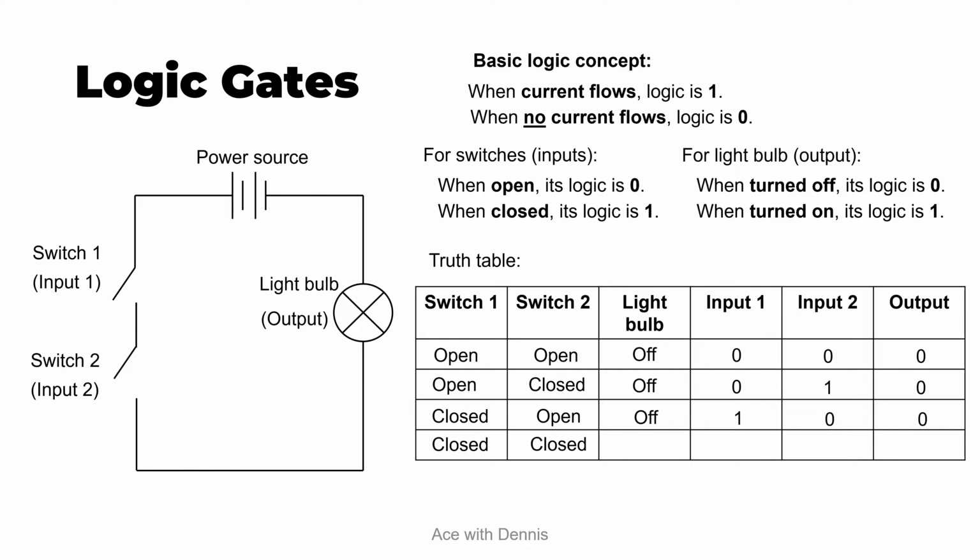For this case, the light bulb will turn on because the current can flow through the circuit. Hence, the output is 1. Looking at this table, this is actually the truth table of AND gate. We'll talk about AND gate on the next page.